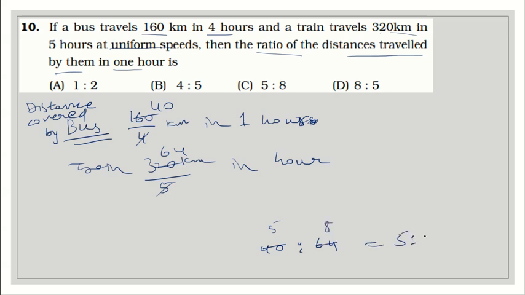So 5 is to 8. Here 5 is to 8 and 8 is to 5, both are there. How will you choose? Since he mentioned a bus first and train next, and he is not mentioning specifically train to bus or bus to train, we assume first as bus and next as train. With that, 5 is to 8 is the right option. C is the right option.